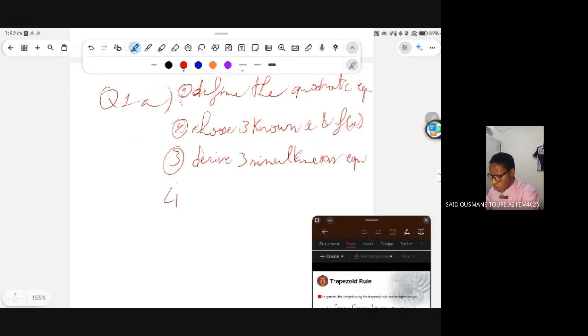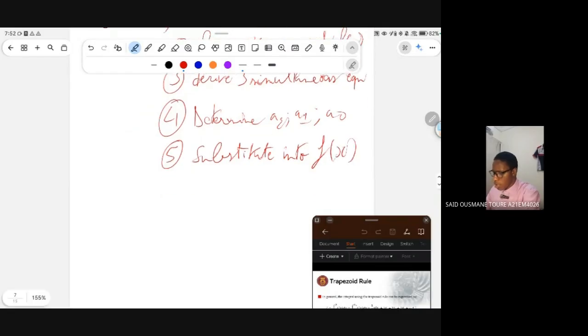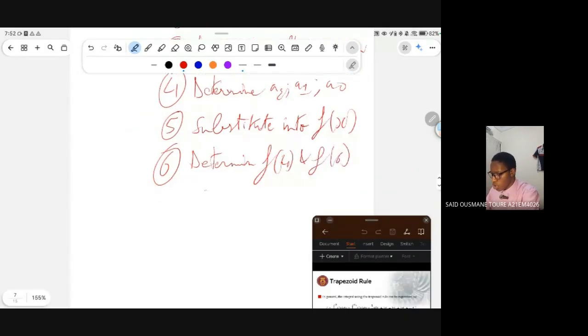Step 4, determine a2, a1, and a0. Step 5, substitute into f of x. Lastly, determine f of 4 and f of 6 using the equation.